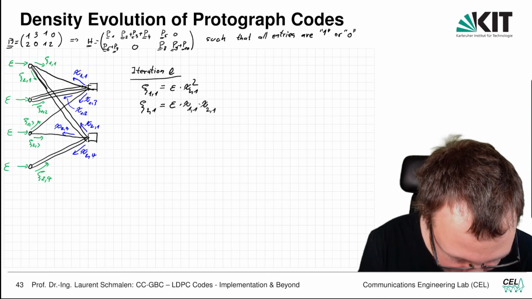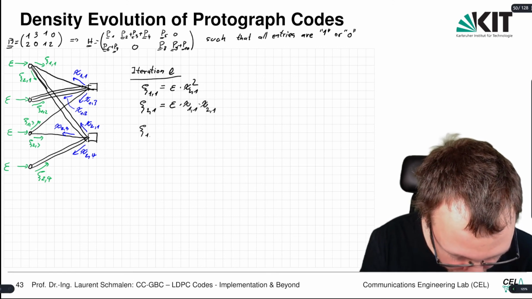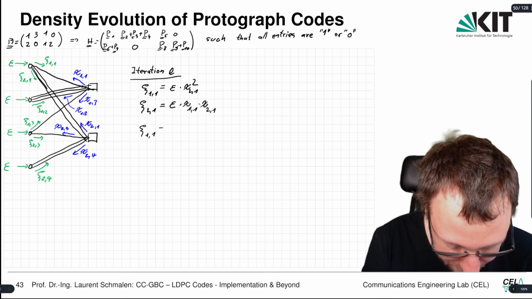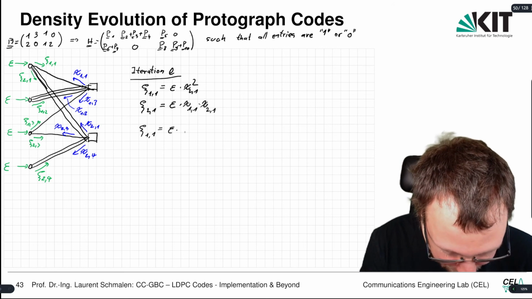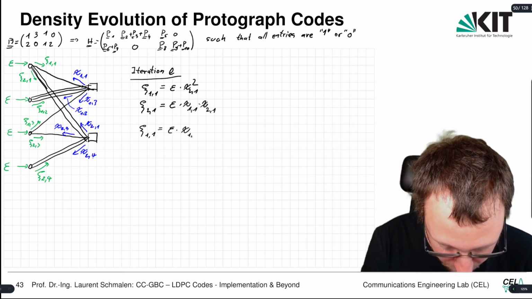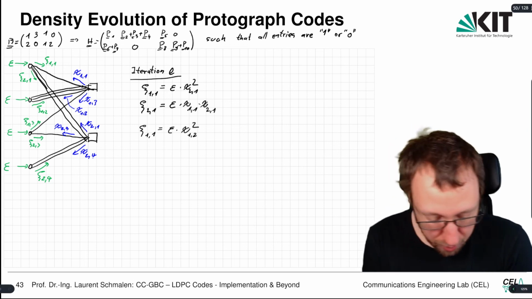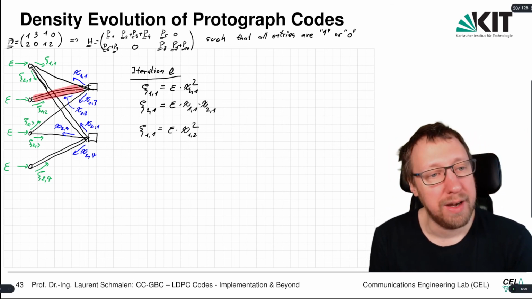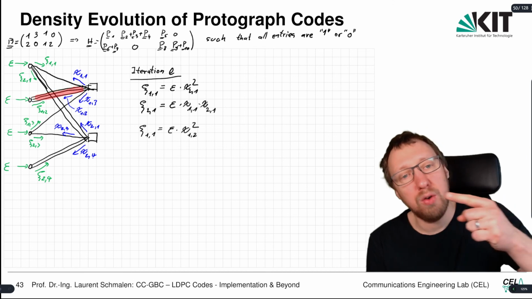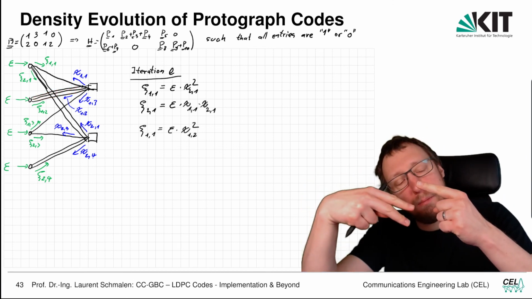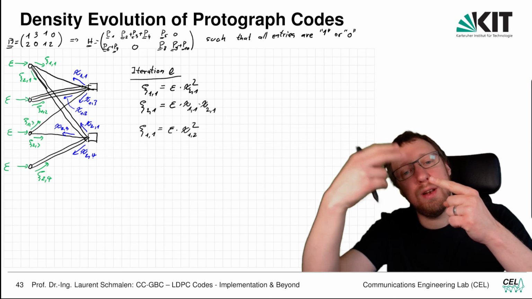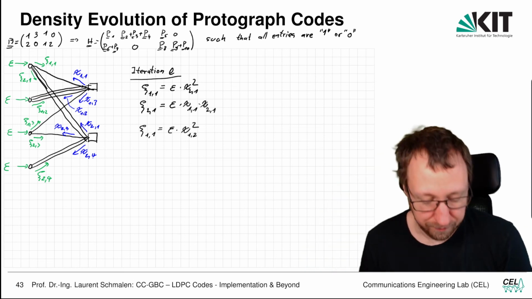So we have C12, that is equal to epsilon times chi12 squared. We have three edges that are connected. We calculate an outgoing message, so there are two incoming messages, so we have two that are possibly erased.